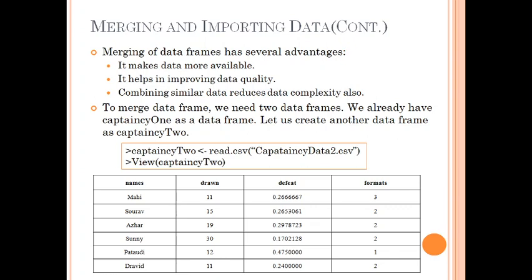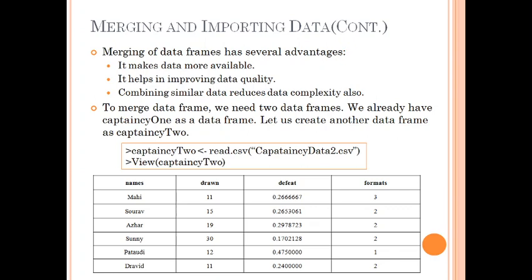As both the data frames are talking about the same thing, it is very convenient to merge them into a single data frame, as it will provide more data availability. Also, the quality of data will improve, and by combining similar data, it will reduce data complexity too. So it is very crucial to combine two data frames into a single data frame as far as working on data is concerned.